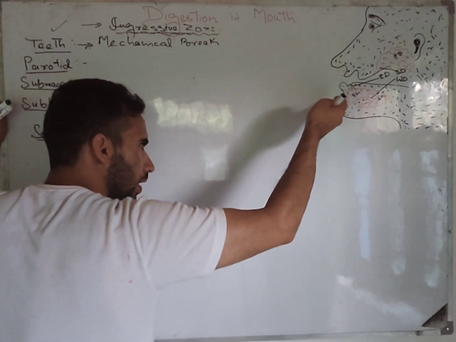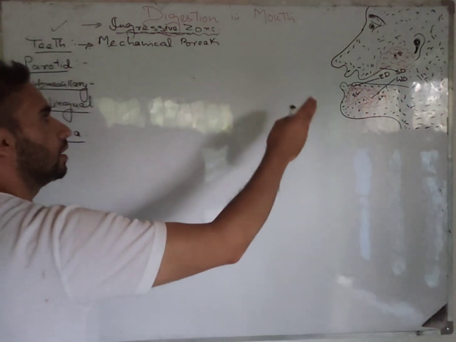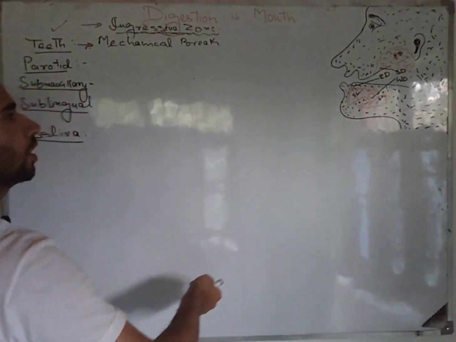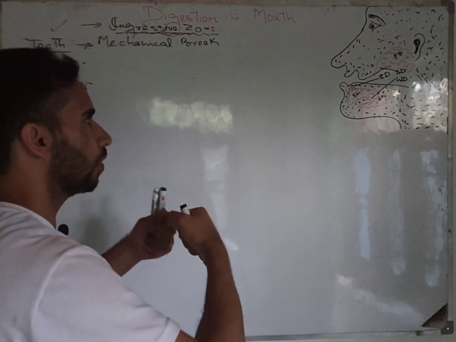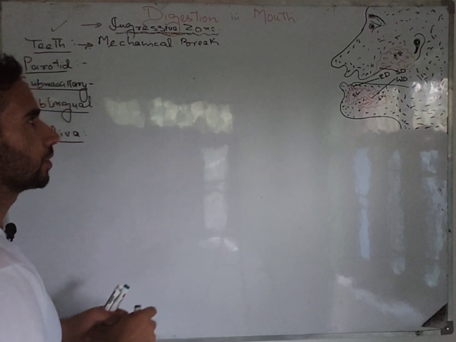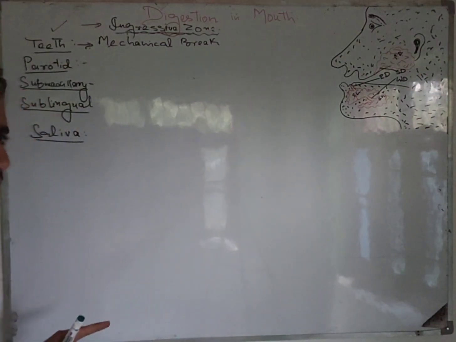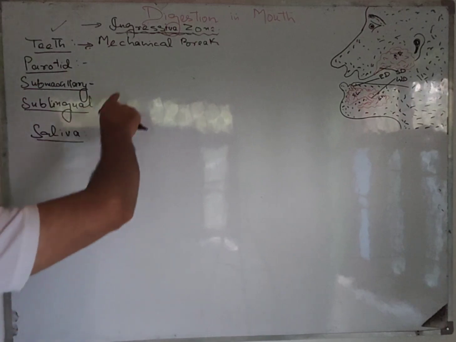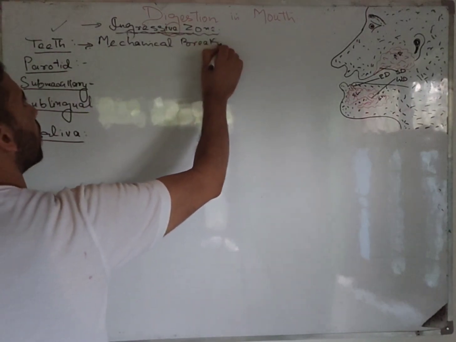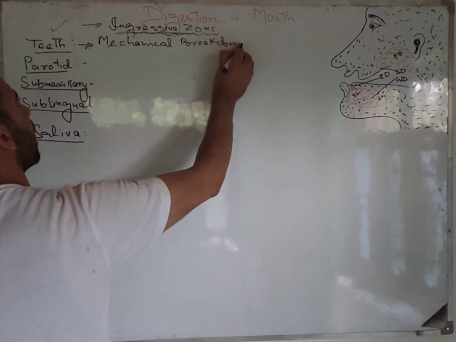Then the teeth present in our lower jaw slide against or push the teeth lying in our upper gums, and as a result the mechanical breakdown of the food takes place, isn't it? So the mechanical breakdown of the food takes place with the help of our teeth.